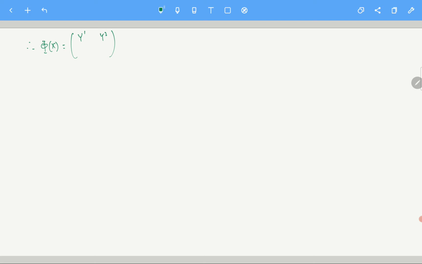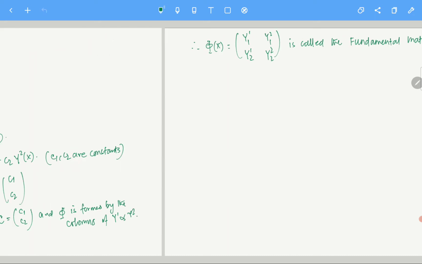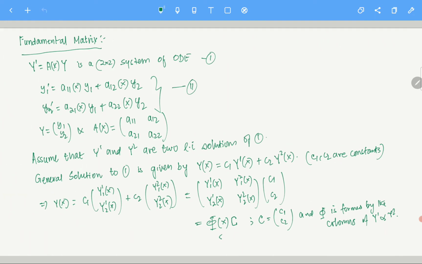The first column of the matrix will contain only the components of y1, so y11, y12, and the second column will contain y21, y22. This is called the fundamental matrix for the system 1. I am sure there is no confusion here. Clear?